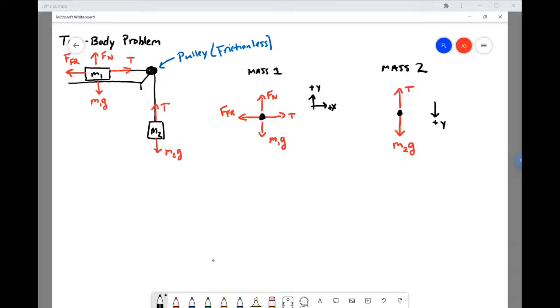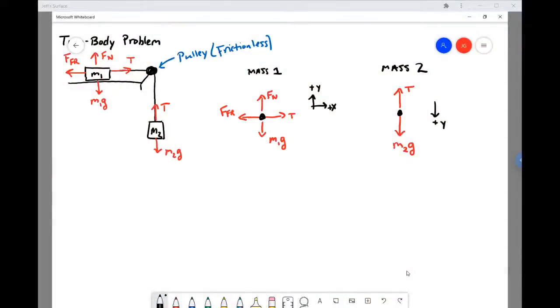It's a one-dimensional situation. I tuck away in the back of my mind that the tensions, the T's in these two free body diagrams, have the same magnitude. They have different directions, but the same magnitude, and we'll use that in a little bit.